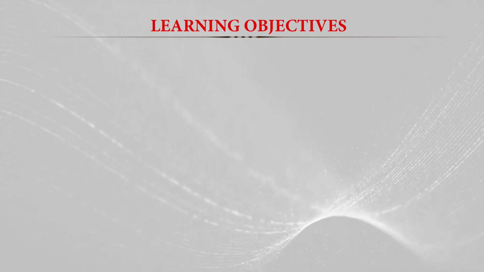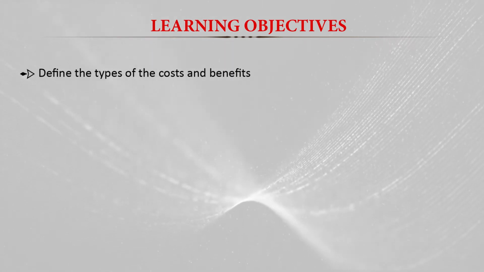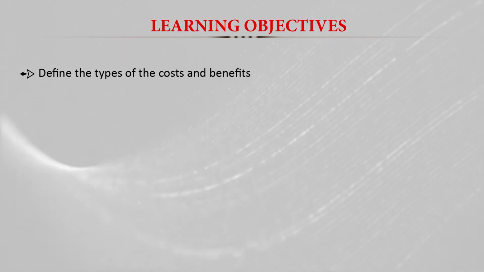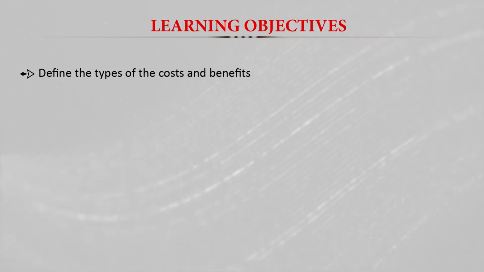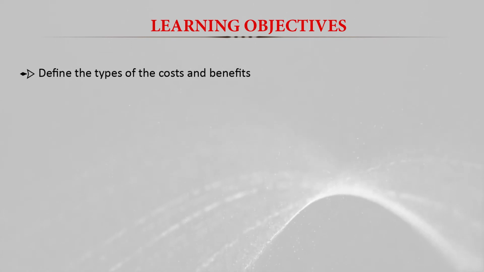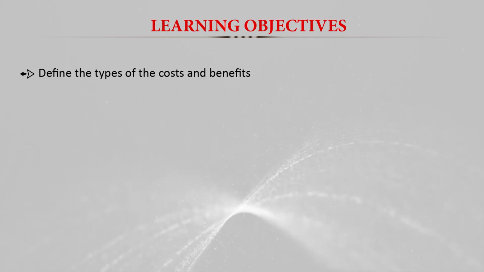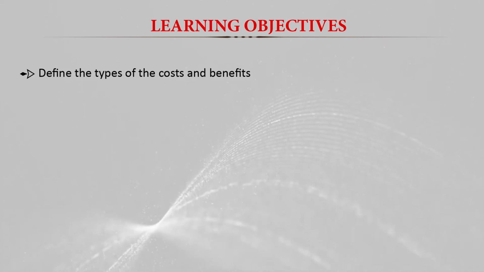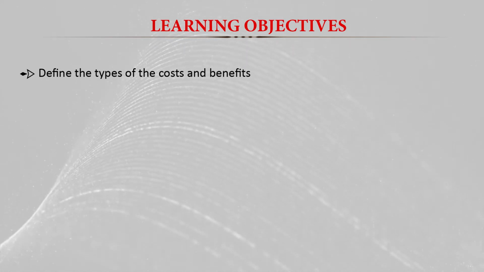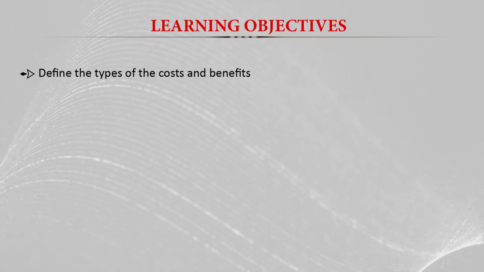So in this session we are going to discuss 3 important things. One is we will be defining the types of cost and benefits. There are different forms. Some cost and benefits directly affect the direct beneficiary, and there are some cost and benefit items which indirectly affect other people who are not part of the project society.